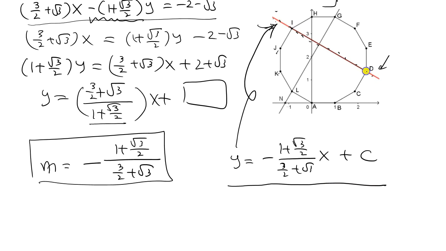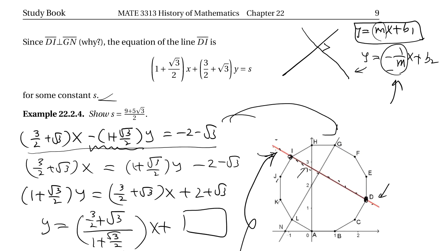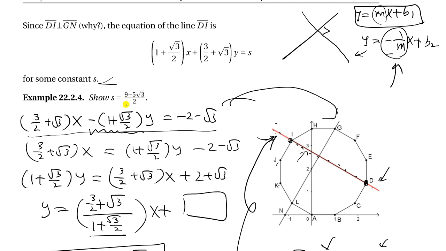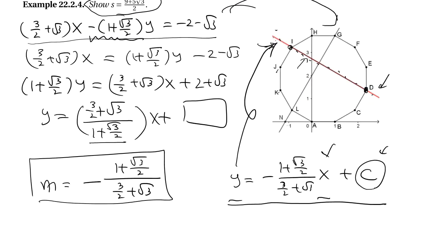If we substitute the coordinates of D or the coordinates of I into this formula, it must be satisfied. And by doing that, we can find out what the y-intercept will be. So now this is for the example, right? Find out that constant term. In this format, so be careful. So we can arrange that way.